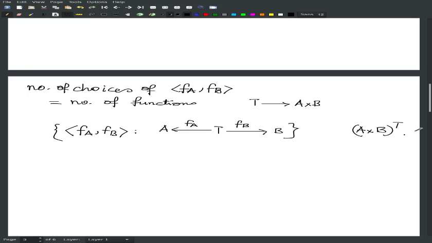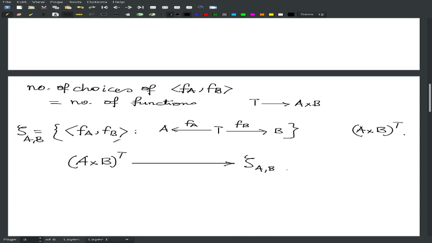Now, in general, let's see this. I'm going to give a function. Let me give a name first. Let me say this script SAB, just to avoid a big name.